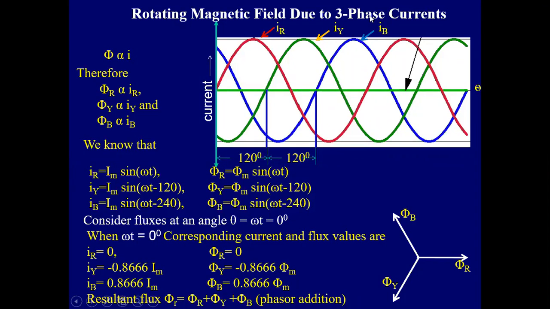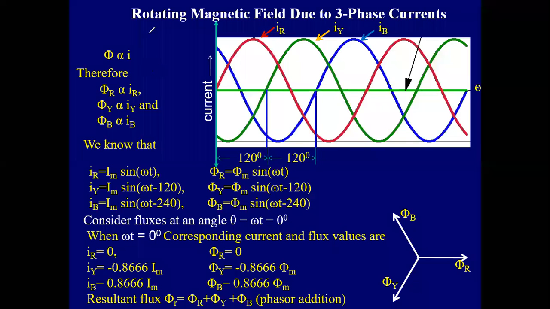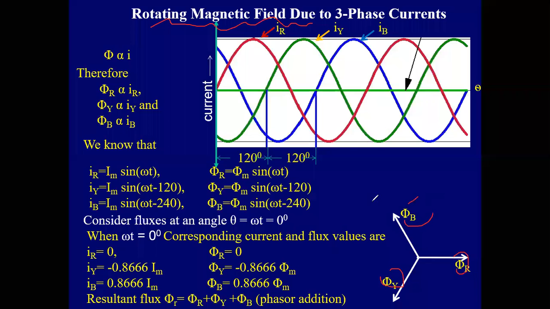The main thing is this rotating magnetic field. There are three fluxes, phi r, phi y, phi b, given by three equations. Out of these three fluxes, there will be one resultant flux phi r, which has a magnitude of 1.5 times phi m.